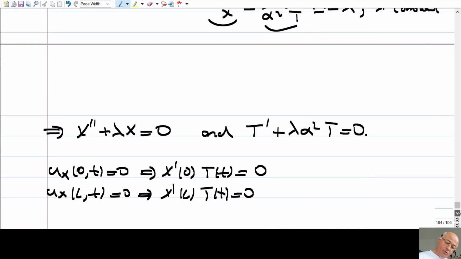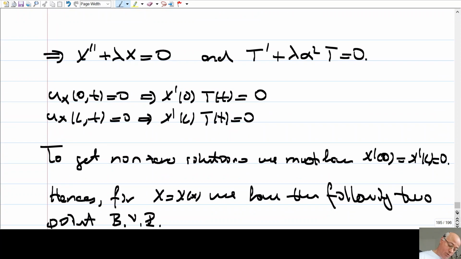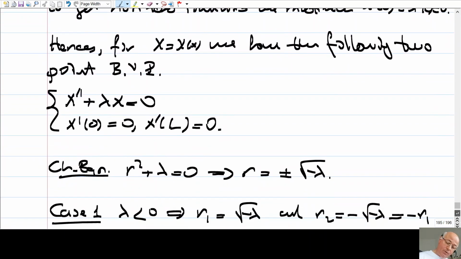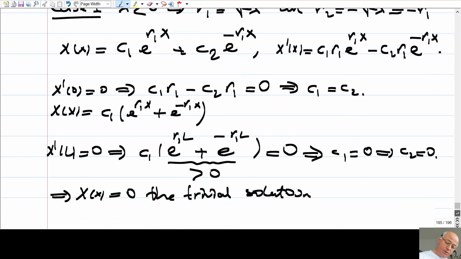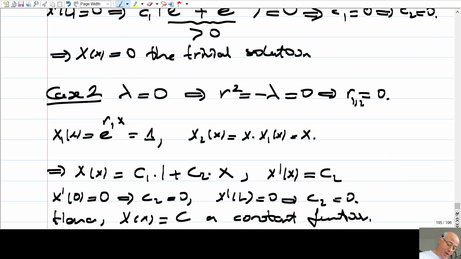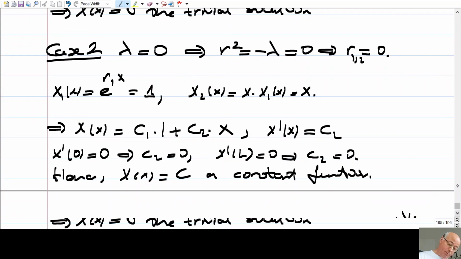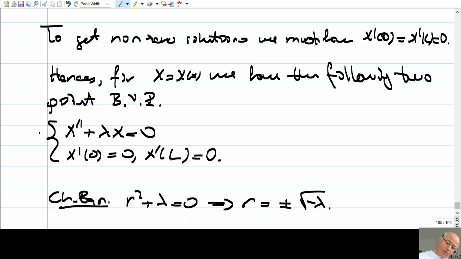And we continued our solution using separation of variables. For x, we have a boundary value problem. What was that? It is this one. Before, I had just X at 0 and X at L equal to 0.